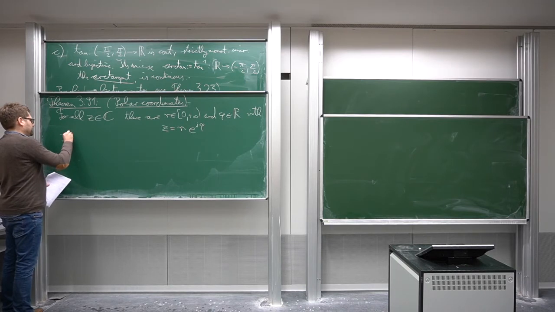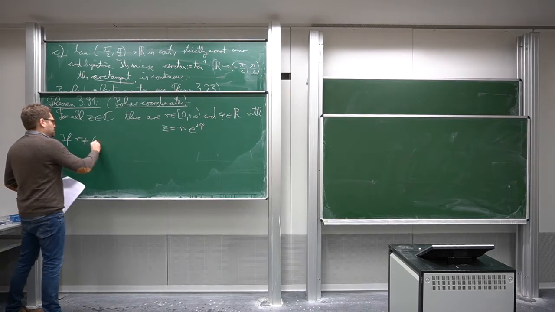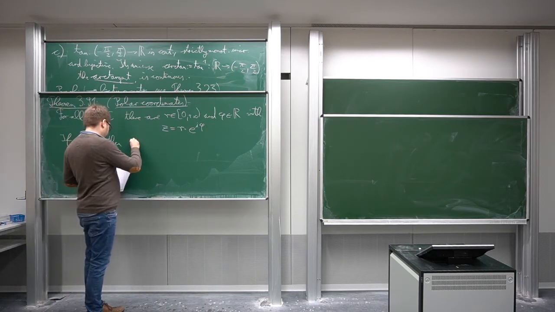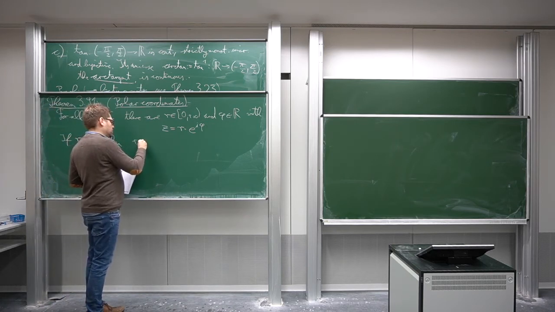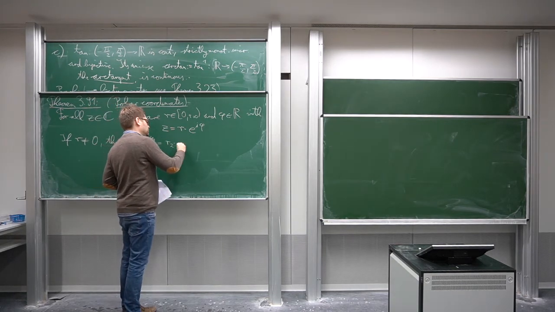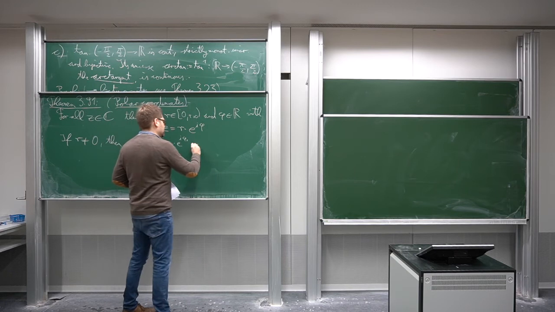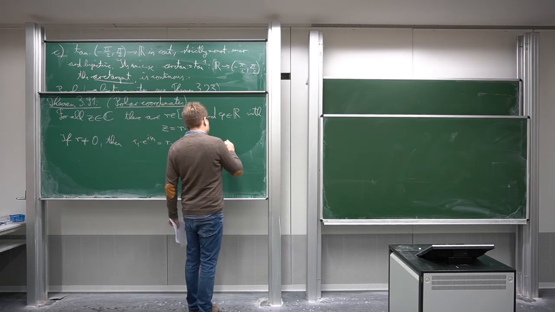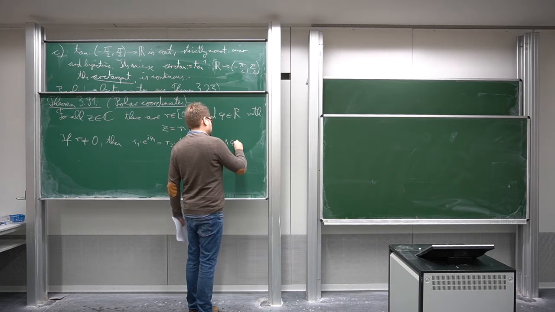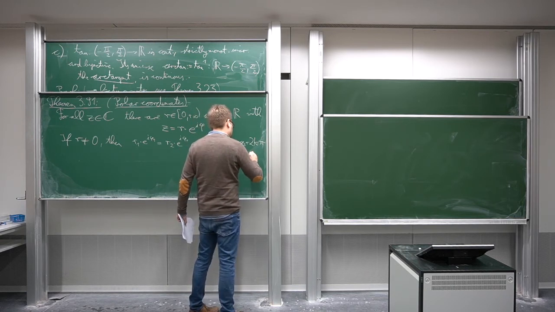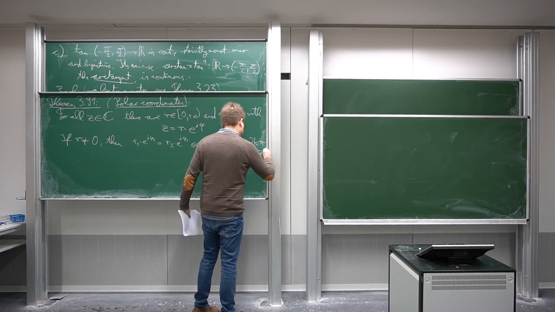First of all, if r is non-zero, then two of these representations coincide. So r1 times e to the i phi 1 is the same as r2 times e to the i phi 2 if and only if r1 and r2 are equal, and phi 1 is phi 2 plus 2k pi for some k in Z.